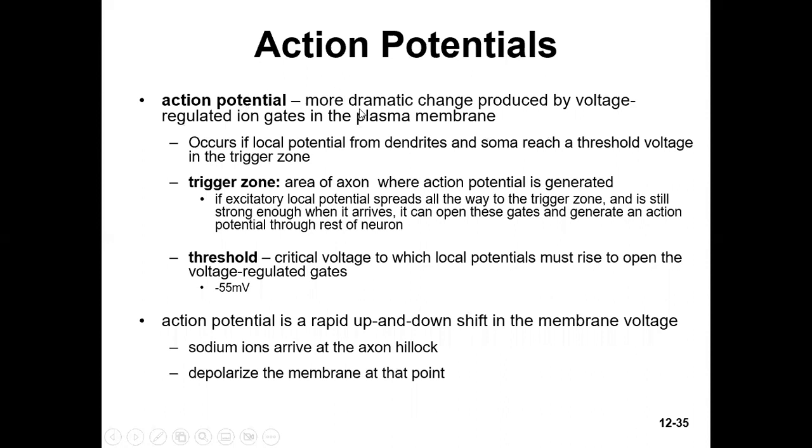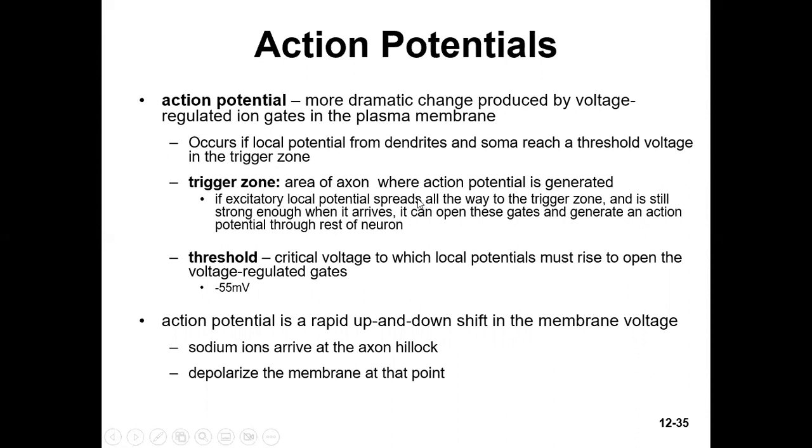The action potential, again, is a more dramatic change produced by voltage regulated ion gates in the plasma membrane. This will occur if local potential from the dendrites and the soma reach a threshold voltage in the trigger zone. The trigger zone then is that area of the axon where the action potential is generated.